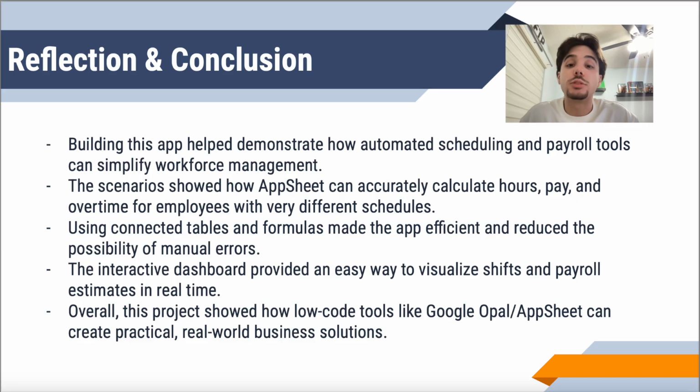I also learned how AppSheet interprets times, dates, and numerical fields differently, which forced me to think more carefully about the column types and formatting. These details became especially important when calculating hours worked and weekly payroll totals. I encountered several technical challenges that pushed me to troubleshoot more deeply than I expected.